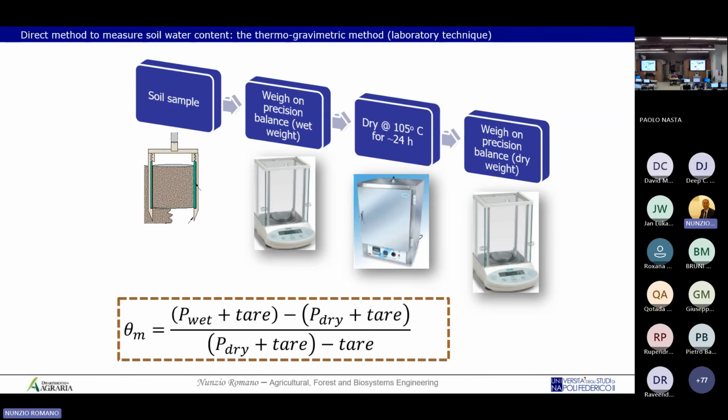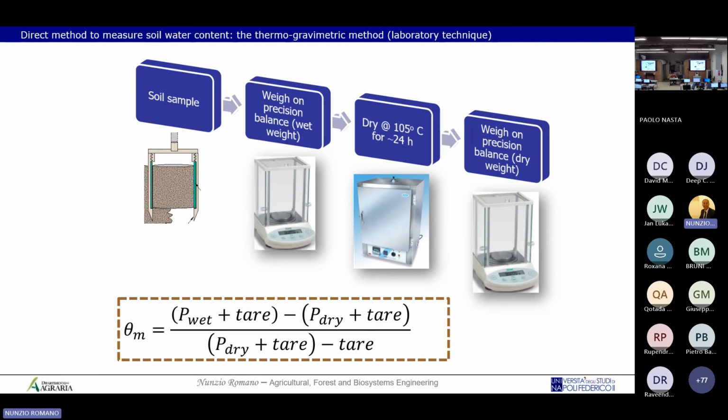But the residence time of the soil core in the oven, of course, depends on the type of oven. If you have a static oven, you need some more residence time. If you have a ventilated oven, then you can reduce this residence time. Anyhow, I suggest not to go lower than 24 hours. 24, 30 hours is okay.